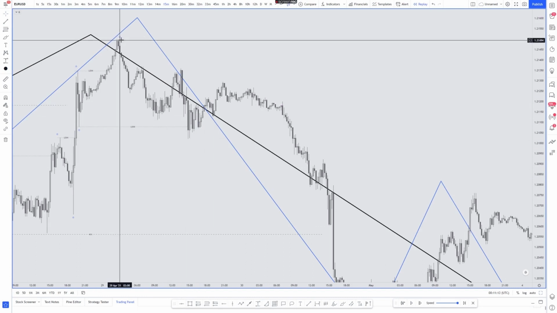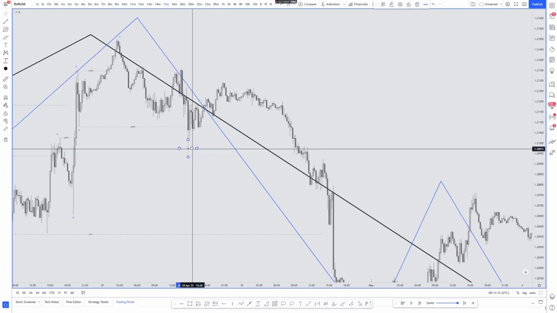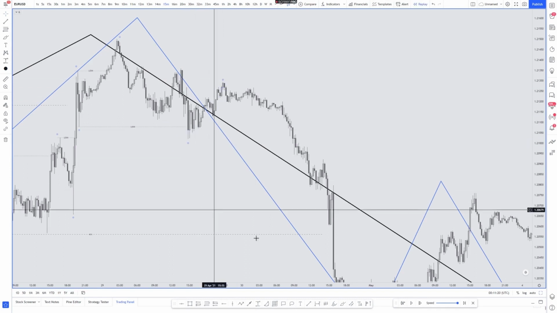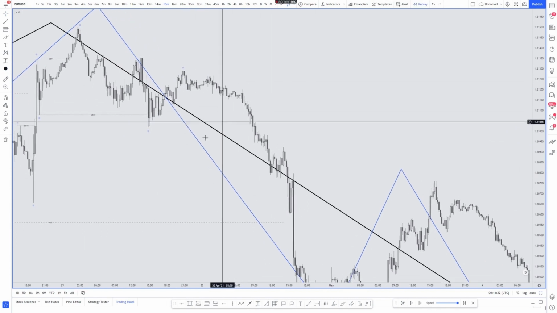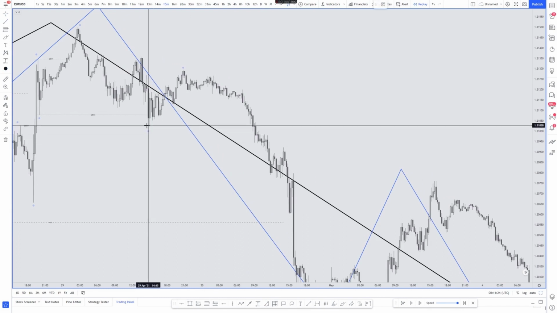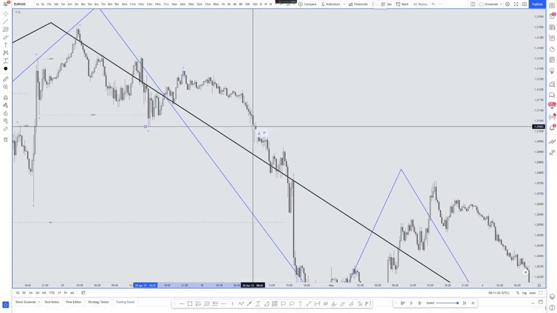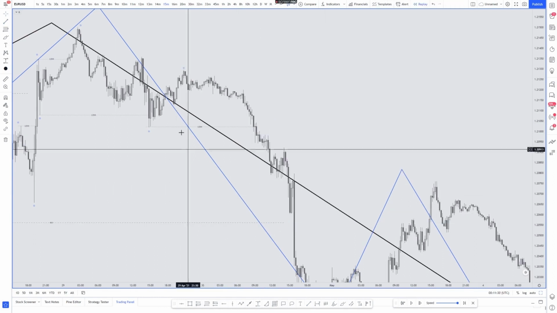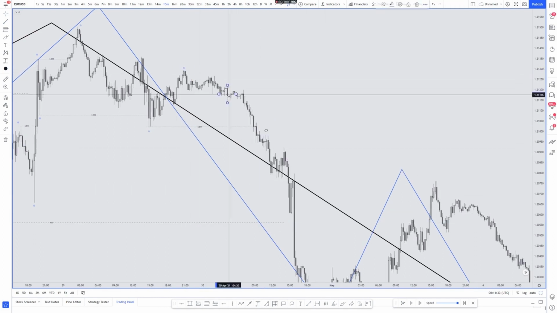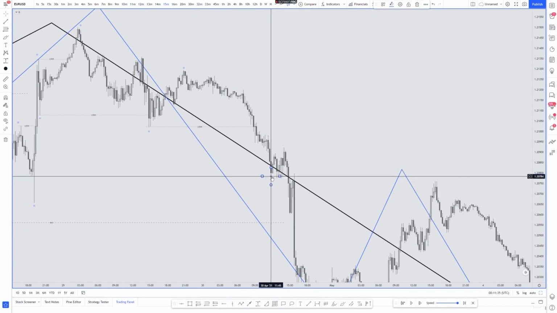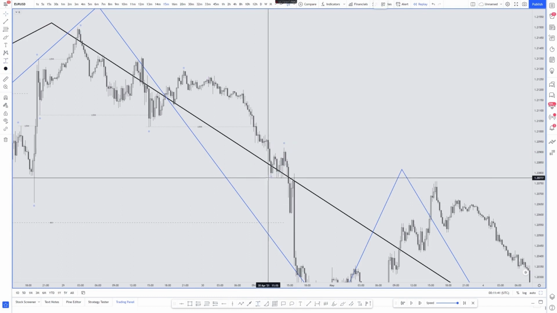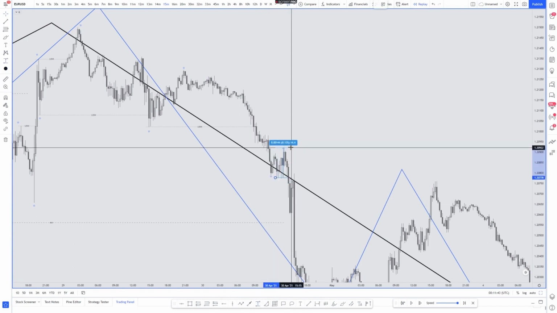So we put in a low here. Our first bit of pullback, I would say, would be all the way up here. And ultimately, you have another low created here. Now the impulse to me ends right here. Your pullback would be this zone here. We can just double check that and make sure it's in that range.